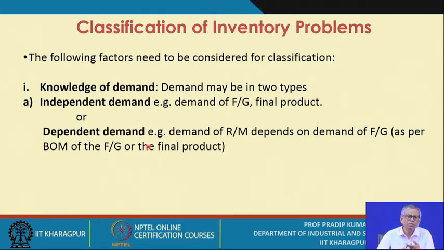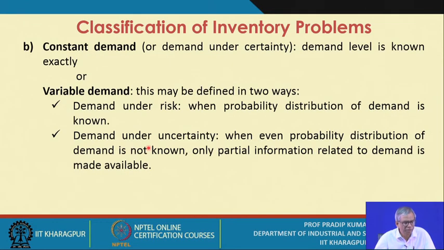So for 1 unit of output, that means the finished goods, if you refer to the bill of materials, you will come to know how much raw materials you require, how many parts in which quantity you require to produce 1 unit of output. So accordingly you determine, when the quantity is known for the finished goods, obviously for each part, for each raw material, you will be able to know what is the actual quantity required. So this is the dependent demand.